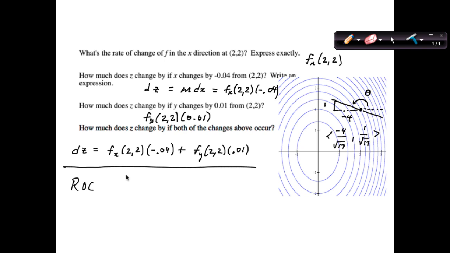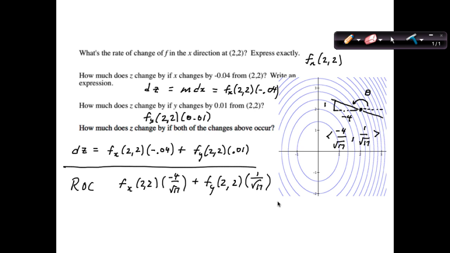So what is that? We can change this to then f of x of 2, 2, negative 4 over radical 17 plus... so doesn't this force me to go 1 in that direction of negative 4 to 1 proportion?